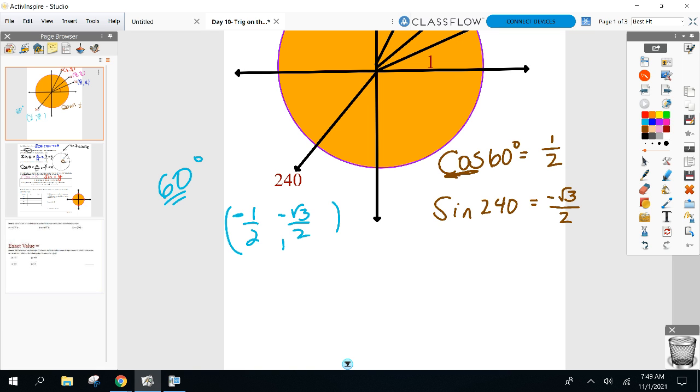And if you do sine of 240 on your calculator, you get a negative decimal. And if you do negative radical 3 over 2, you'll get the same negative decimal. That's how we're going to use the coordinates now. The x is the cosine, the y is the sine. Okay? Anything you want to ask? So we're actually going to use these coordinates you've been finding for the last day now.